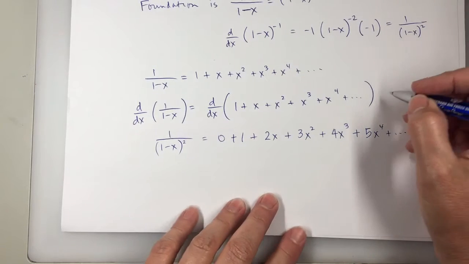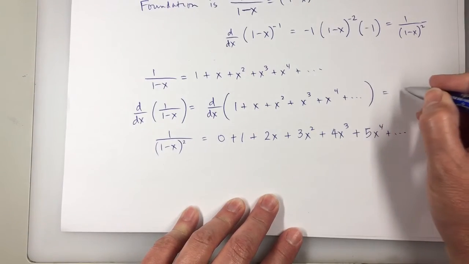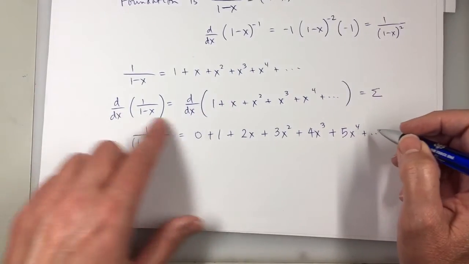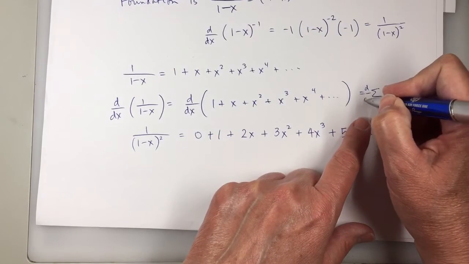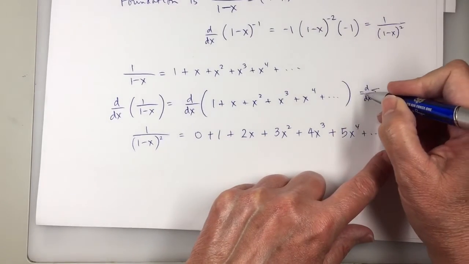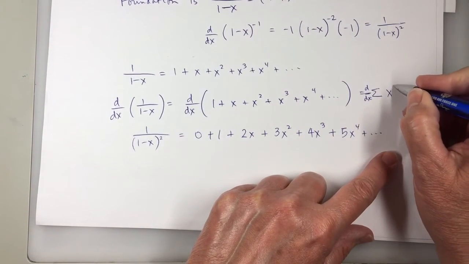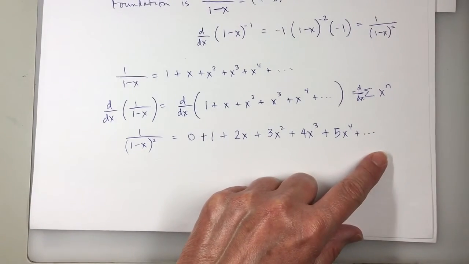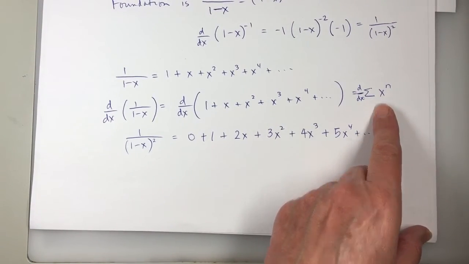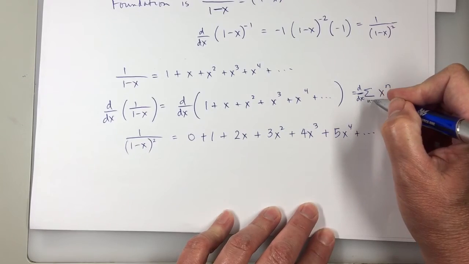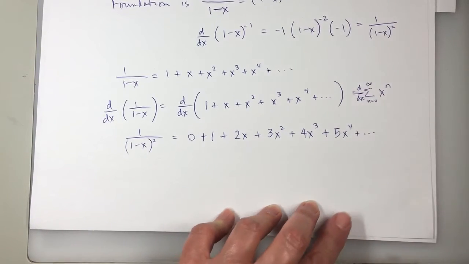actually we could have done this. I could have written this, well, let me write d over dx in the front of x to the n, and I could just take the derivative of that. And that's n equals 0 to infinity.